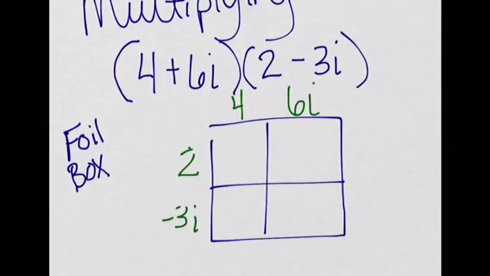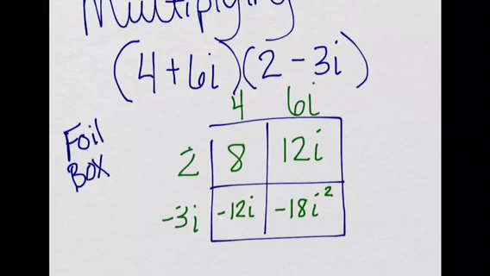And now all I'm going to do is multiply into the box. 2 times 4 is 8. 2 times 6i is 12i. 4 times negative 3i, negative 12i. Negative 3i times 6i is going to be negative 18i squared. Okay, so that's going to be where our issue is, that we're going to have to deal with.